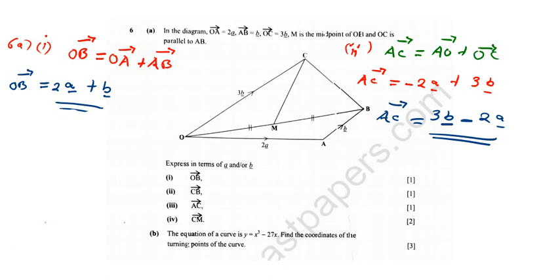I'm standing at C, going to M. So I'm using this route: from C I will go to O, then I go to M. That's the route I'm using.